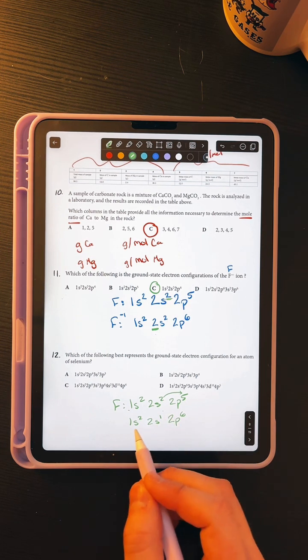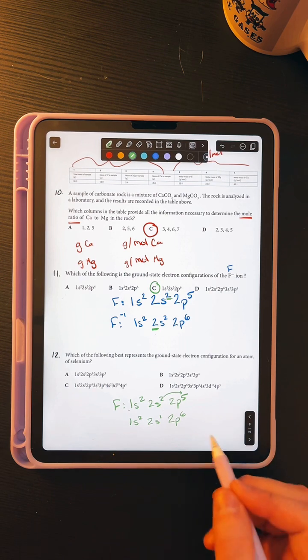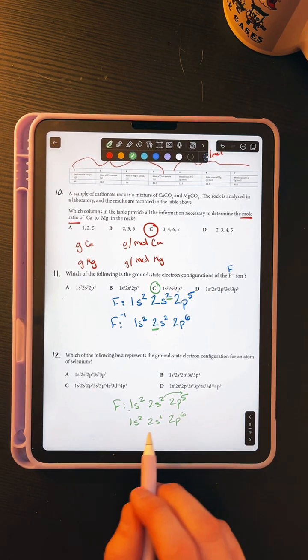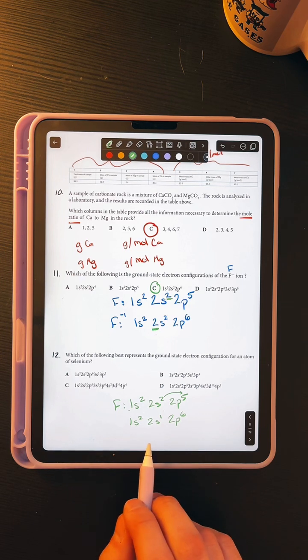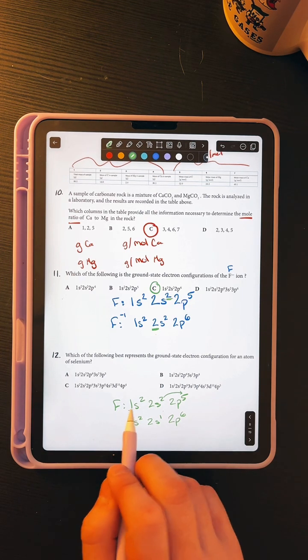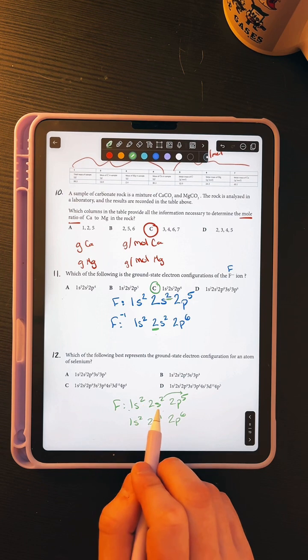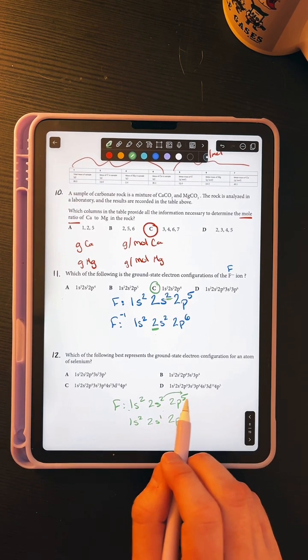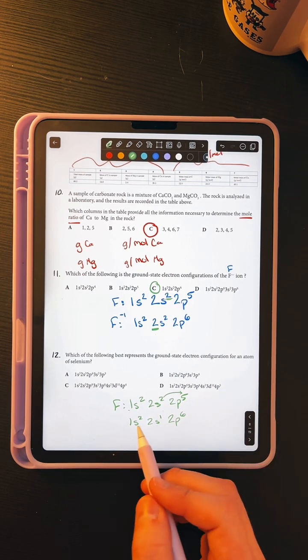And the way to tell is, as you're going from left to right, make sure all of your orbitals are filled before moving on. If they aren't all filled before moving on, you have an excited state electron. So like here, the s orbital maximum 2, s orbital maximum 2, p orbital, that's our end. It's not completely filled, but that's our end, which is okay.